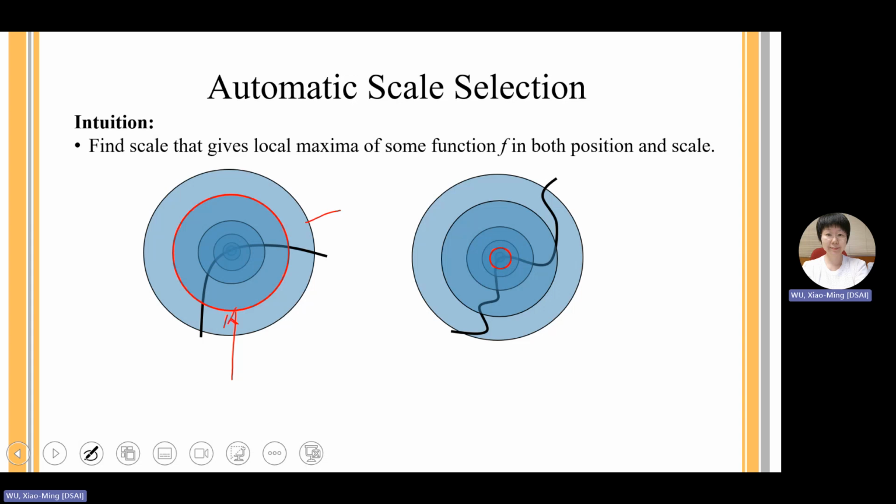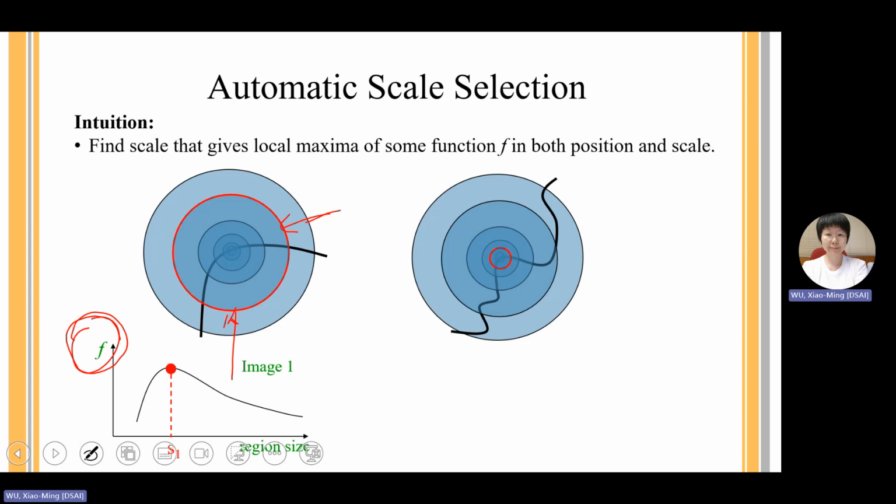We can compute some function f. The f function can be the corner response function we designed before. So we need to design an appropriate function f, and this function f will give the largest response with the proper window size.